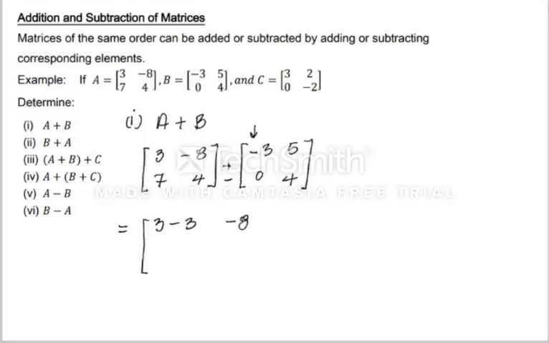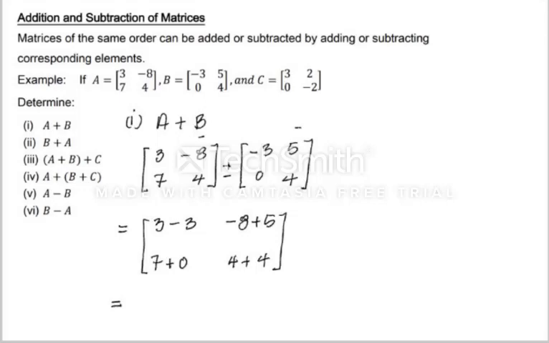Then minus 8 to the left plus 5. Then we have 7 plus 0. 4 is the bottom right element, plus 4, the bottom right element in the matrix to the right.